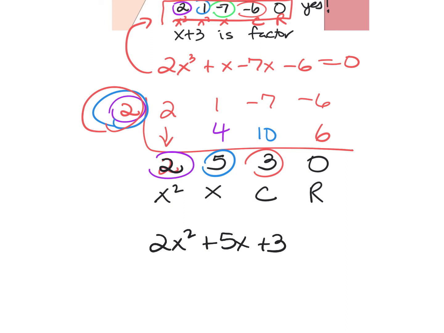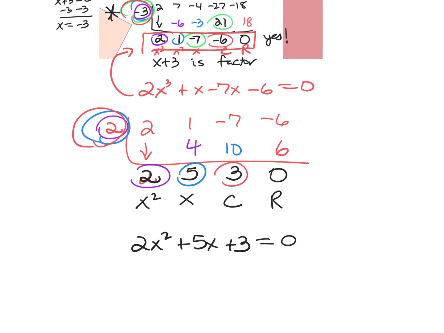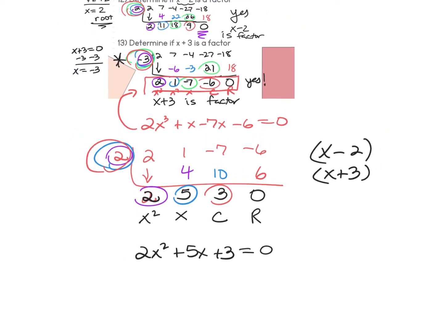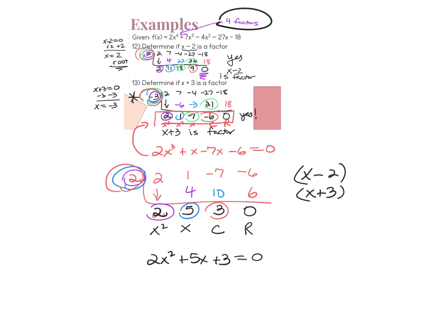I now have a quadratic equation that I can either factor, use the quadratic formula, or complete the square to get my other 2 factors. So I already have x minus 2 and x plus 3 as factors. I need to find the other 2 because remember my power at the beginning was a 4.